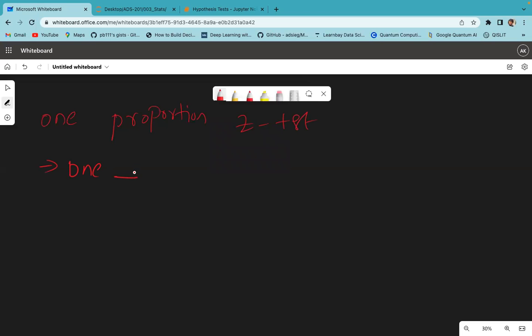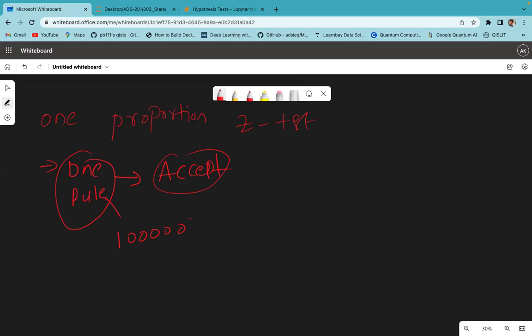You want to find out how many people will accept this, what could be the percentage of people accepting one particular rule. For example, you have 1 crore of people and you are passing one rule to them. How many people are accepting this rule and how many are rejecting it?